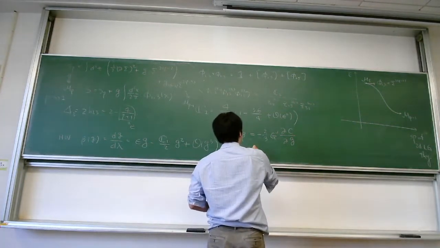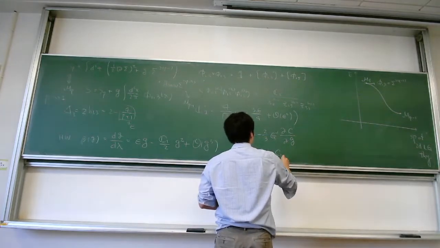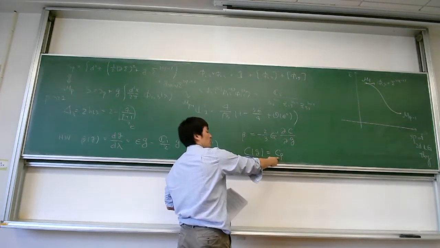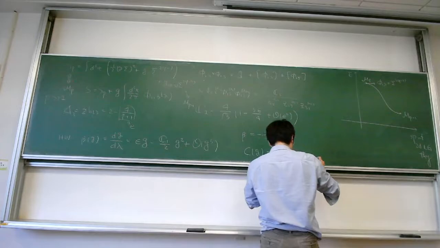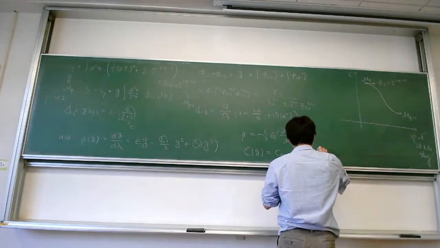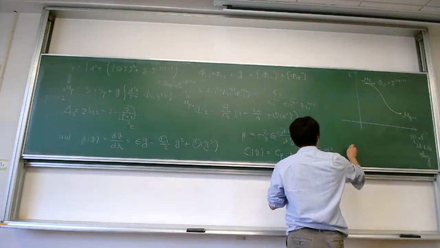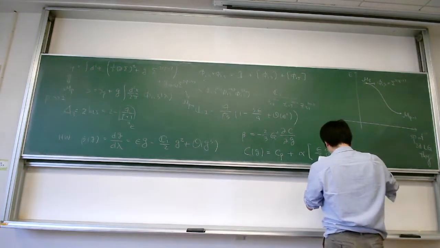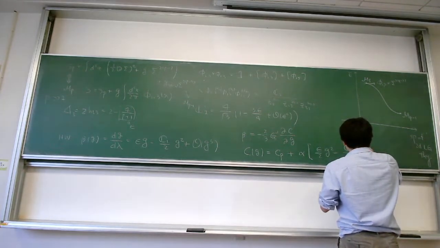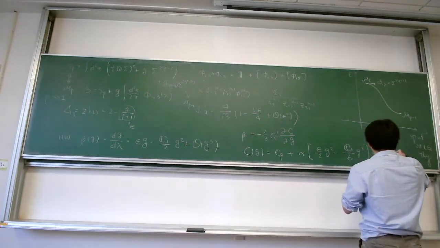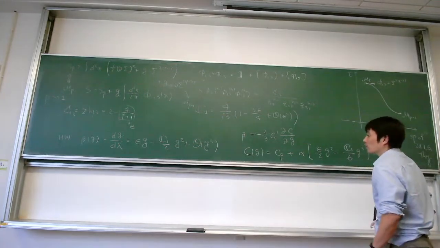What you end up with is C_G equal to C_p. C_p is the central charge of the minimal model, plus alpha times epsilon over 2 G squared minus C1 over 6 G cubed, and plus order G to the fourth. That's what you get. Okay.